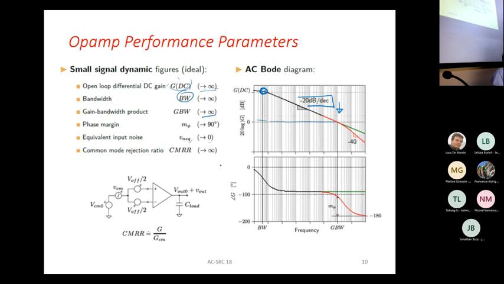And actually, the larger the equivalent input noise, probably the less power consuming your circuit will be. Finally, common mode rejection ratio, that is the ratio between the differential gain and the common mode gain. This should also be very large, but depending on the op-amp quality, this could not be the case.